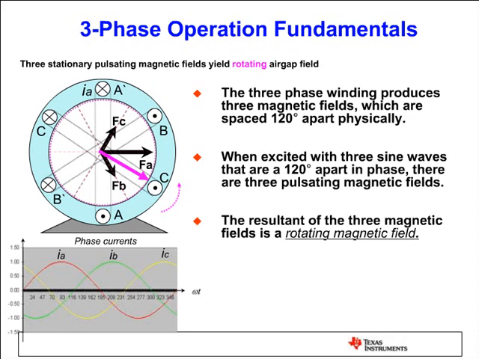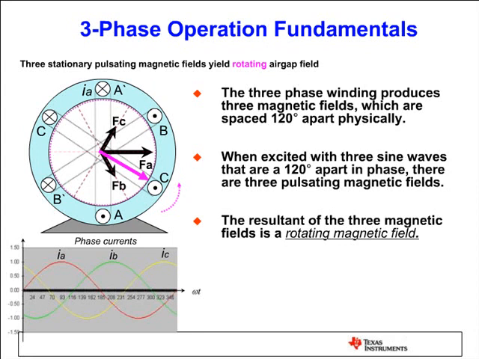FA is created by phase A. Again, if you remember from high school physics, according to the right-hand rule, the black FA vector is created by phase A windings, FB is created by phase B windings, and FC is created by phase C windings. And if you add these 3 vectors up, the resultant vector will be the pink vector.